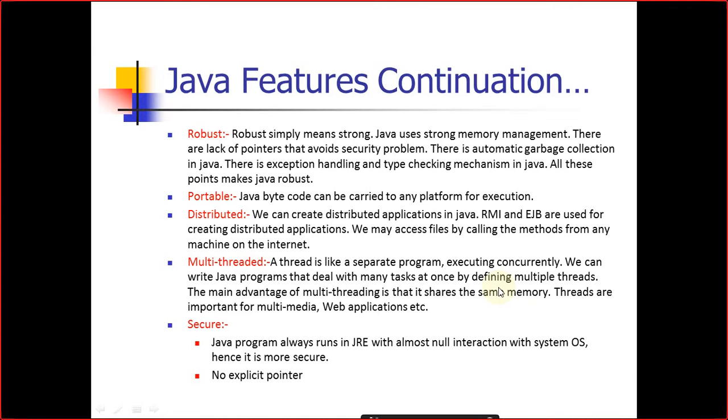Because of all these features, it is robust. Writing some code in Java and breaking that code is not so easy, because it has all these features like memory management, garbage collection, and no pointers, so that security problems can be avoided, and it supports exception handling and a type checking mechanism.